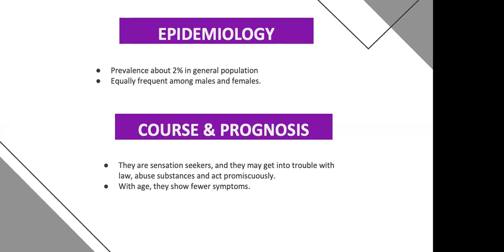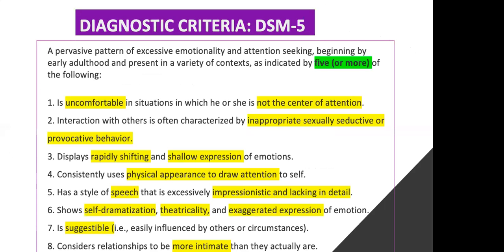Next. So the diagnostic criteria is indicated by 5 or more of the following. First, the patient is uncomfortable in situations where he or she is not the center of attention, since they are attention seekers. Second, their interaction with others is usually inappropriate, sexually seductive or provocative behavior.